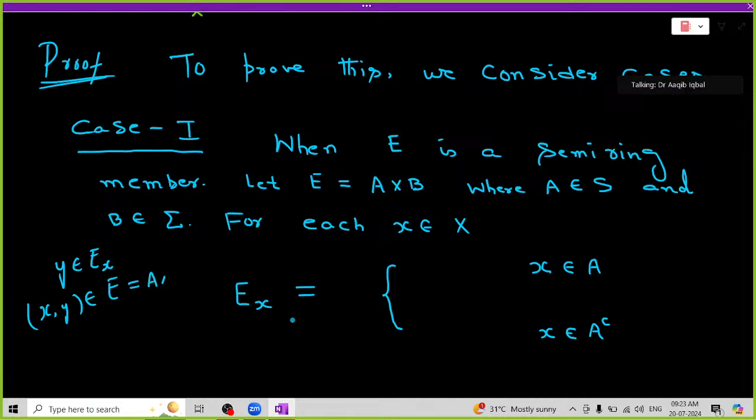E is A cross B. So that means x is coming from A. So y belongs to E sub x automatically means that x is coming from A. So if x is not coming from A, there cannot be any y in E sub x. So in this case, E sub x is the empty set. It's empty.